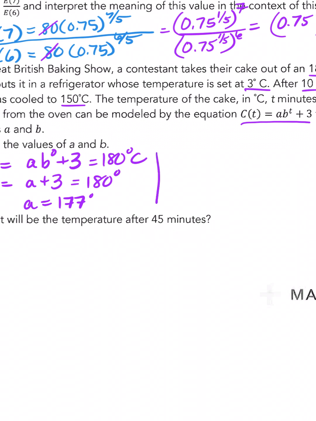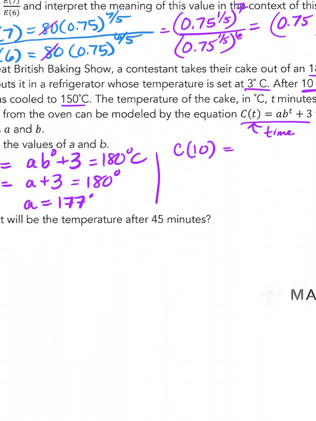Now, let's look at C of, well, what? This is time in minutes. So they also give us another one after 10 minutes. So C of 10 is going to be equal to what?